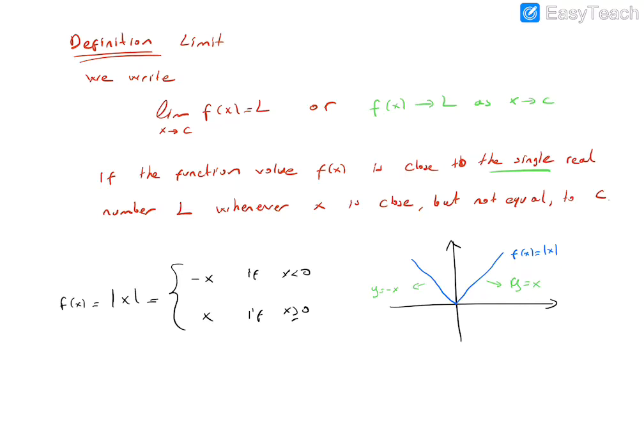So by using the absolute value function, I would like to give an example. Please consider the following function: h of x equals absolute value of x over x. Now we explore the behavior of h of x for x near but not equal to 0. So we will calculate the limit as x goes to 0. What is the domain of h?